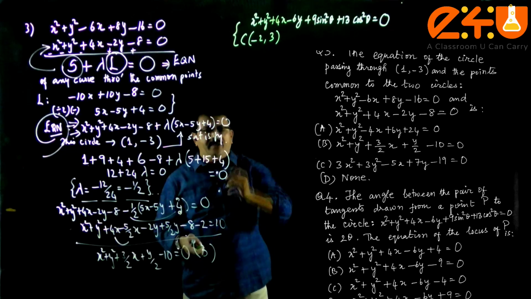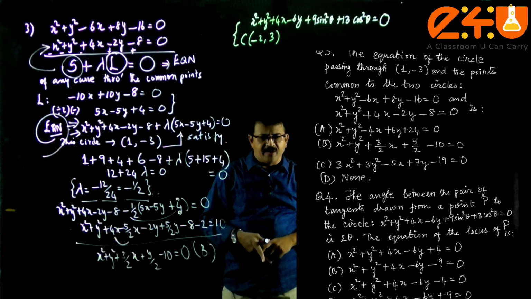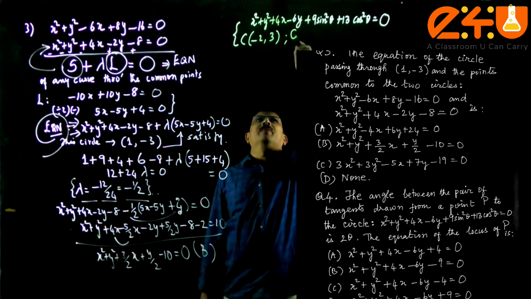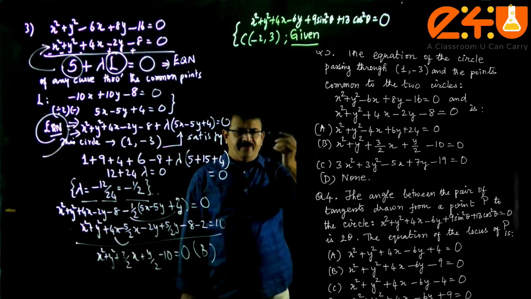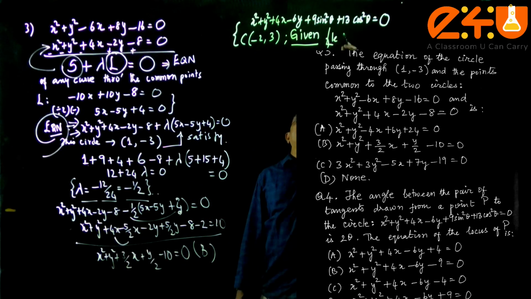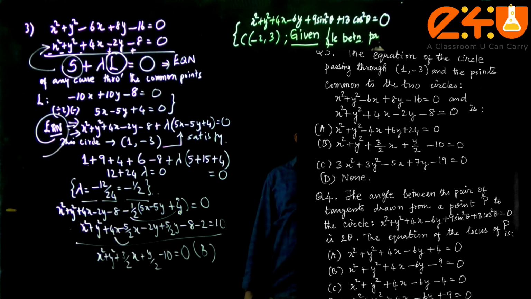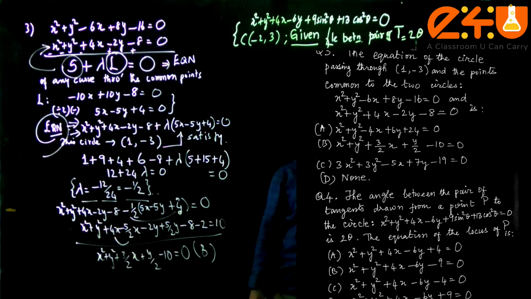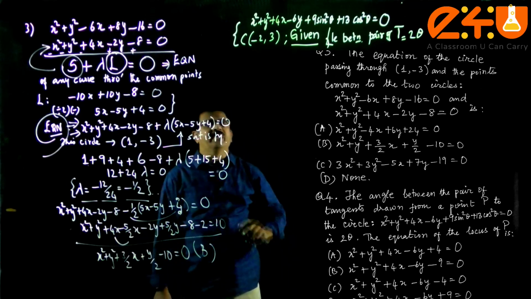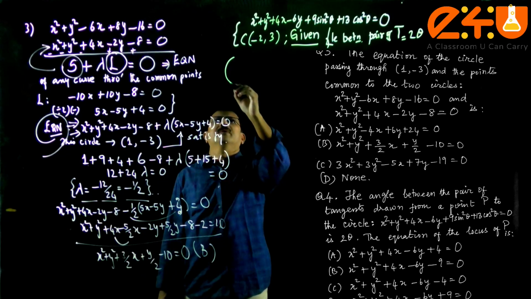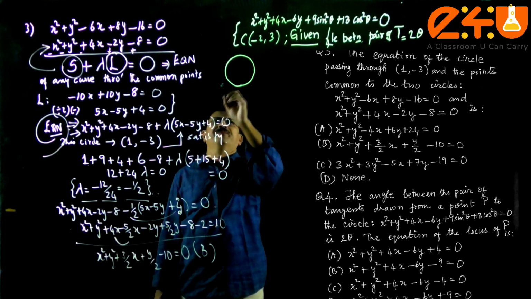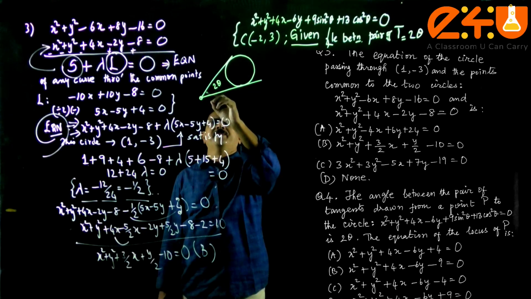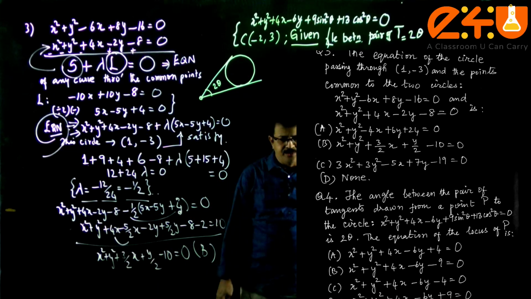Well, what does the question want? The angle between the pair of tangents of the given circle is 2 theta. So that is what is given. Given the angle between the pair of tangents, that is 2 theta. So angle between pair of tangents, meaning there is a circle, there is a pair of tangents drawn from another external point, and that angle is 2 theta.